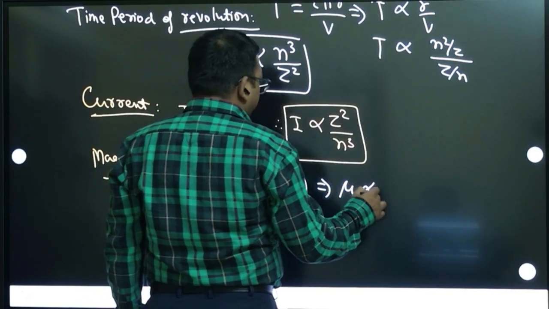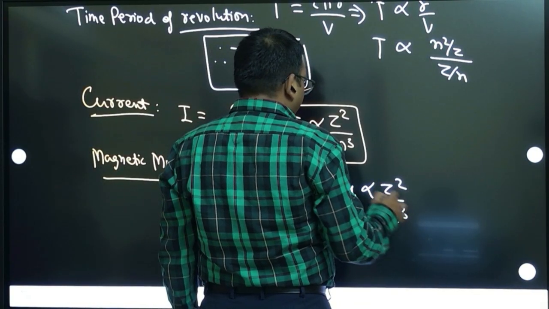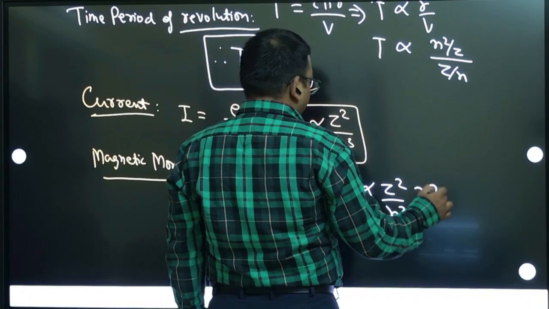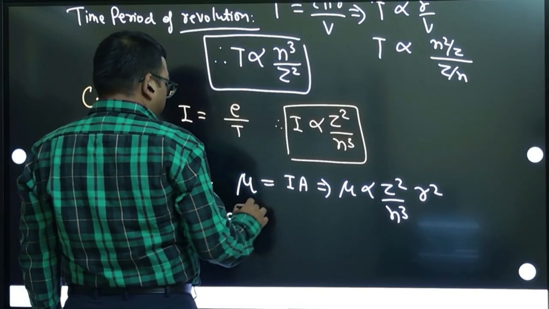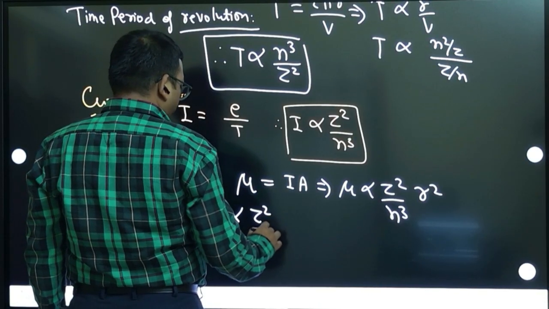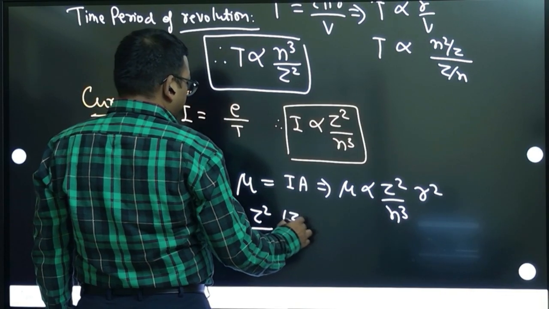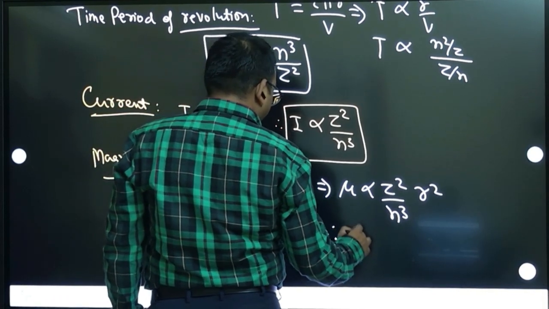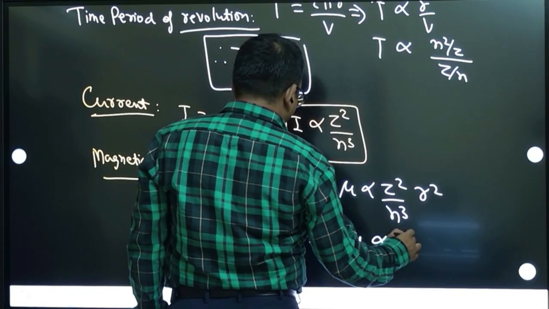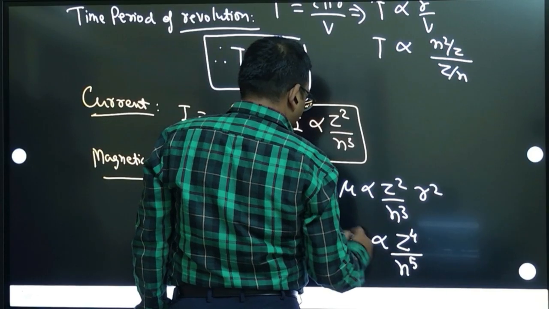So mu is proportional to current, which is proportional to z square by n cube, and area is proportional to r square. Now let us substitute: z square by n cube, and radius was proportional to z by n, so z by n whole square. So from here you will get magnetic moment proportional to z power 4 by n power 5.